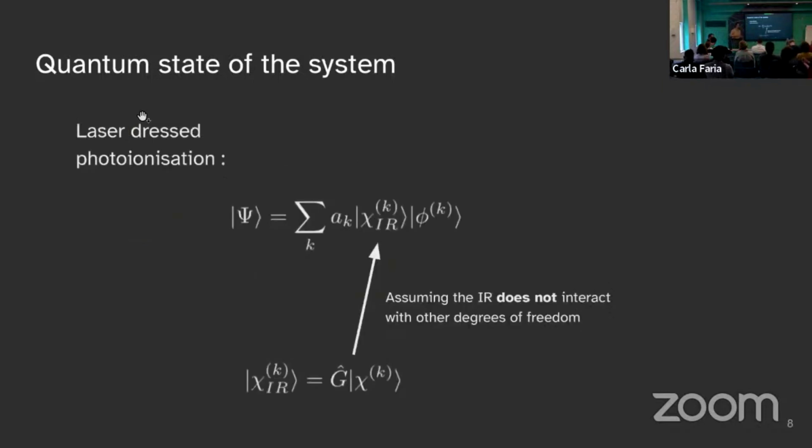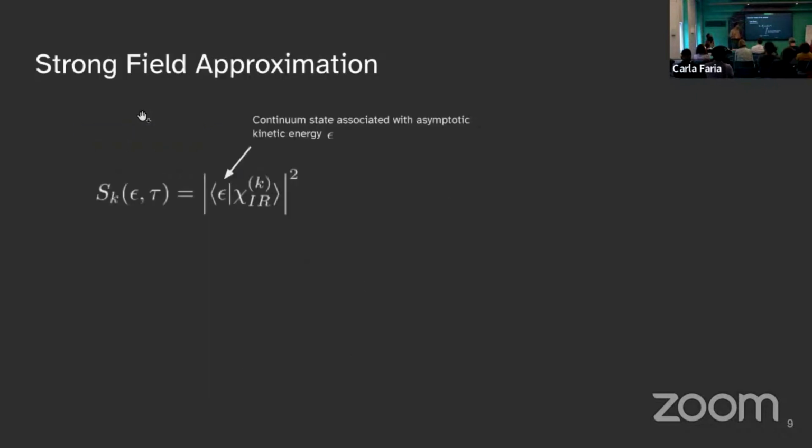Whenever the infrared laser, and if we assume that the infrared interacts only with the electron and not with the other elements, the new wave function is in this formula, where the phase will be some operator acting only on the wave function of the interaction with the infrared.